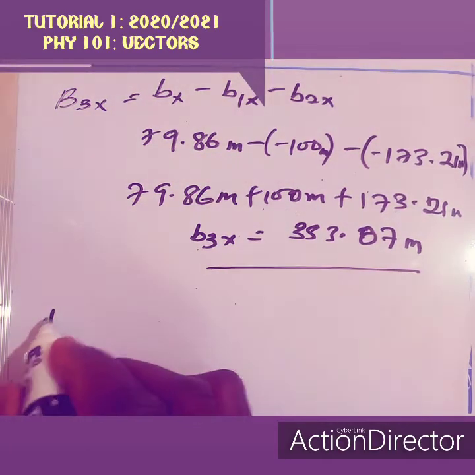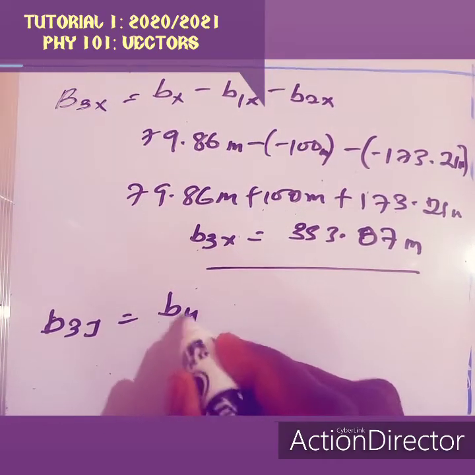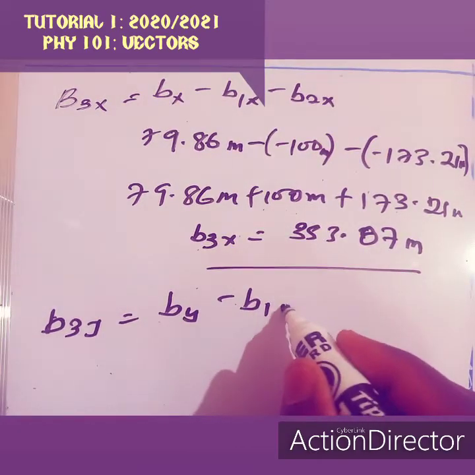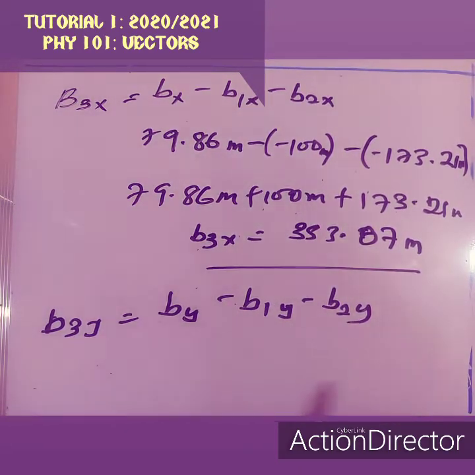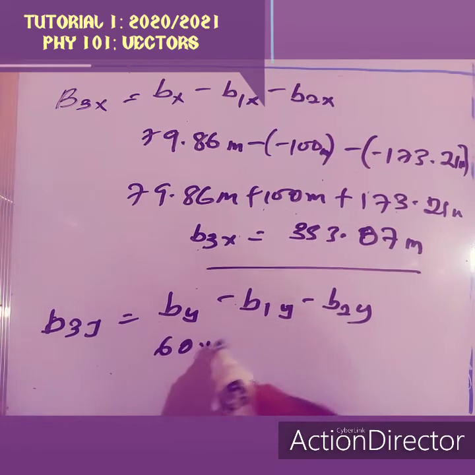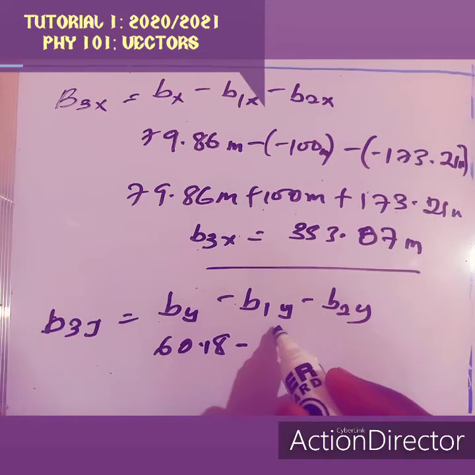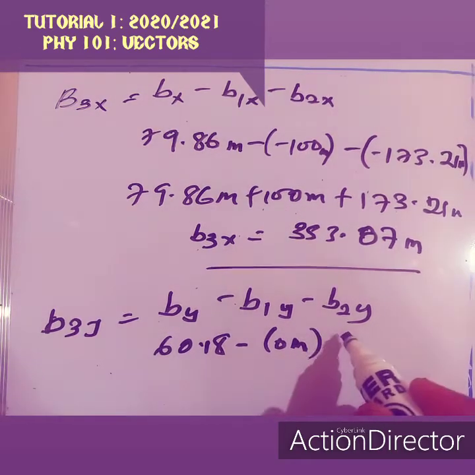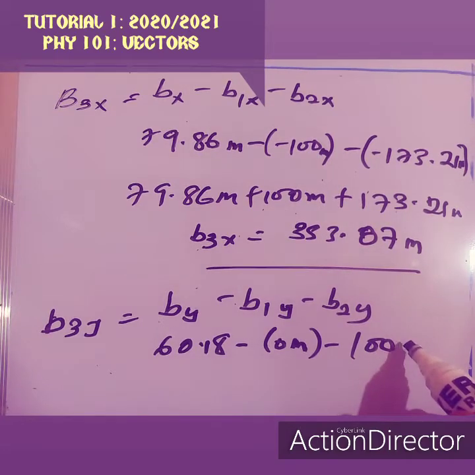All right, then you go to the y-axis. B3 of y will be equal to B of y minus B1y minus B2y. So the y values that we add from the table of the y component, where B was 60.18, then minus 0 meter, then minus 100 meters.